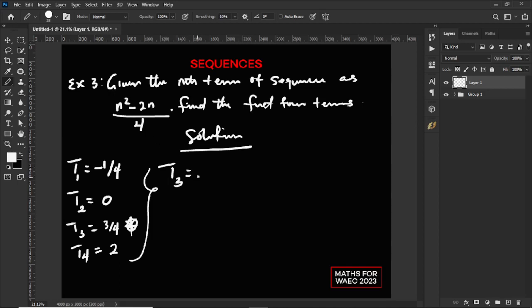T3 is 1 over 4 into bracket n square, that will be 3 square, right? Minus 2 into bracket 3, right?